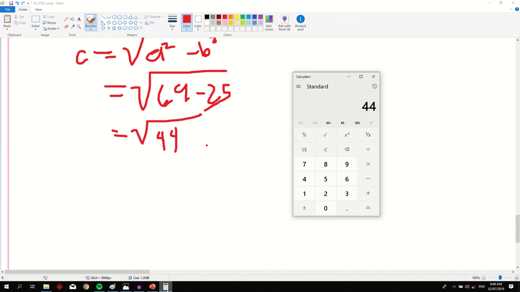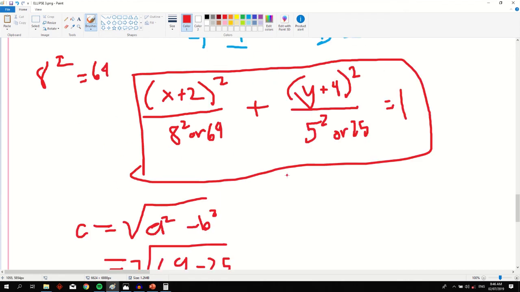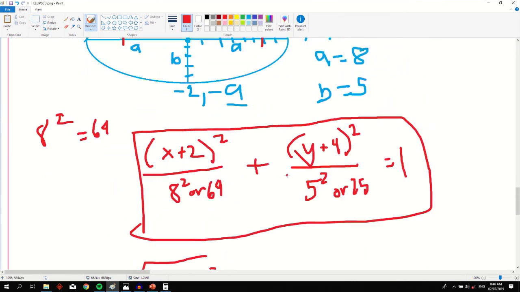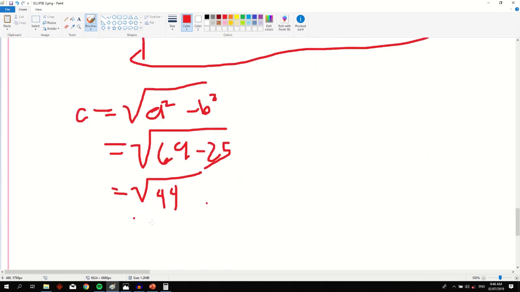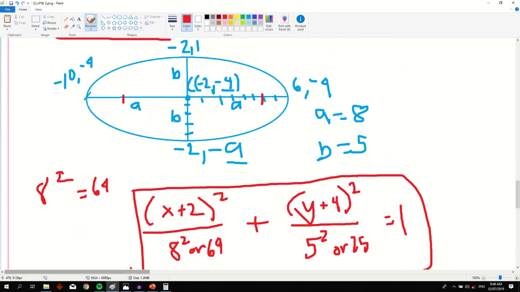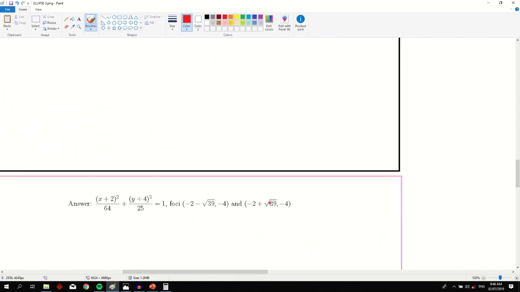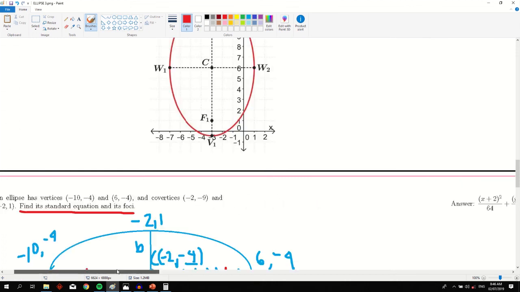Or it's okay, we can do that. Square root of 44, or we can reduce that. So how can we reduce that? They use square root of 39. What's wrong with you?